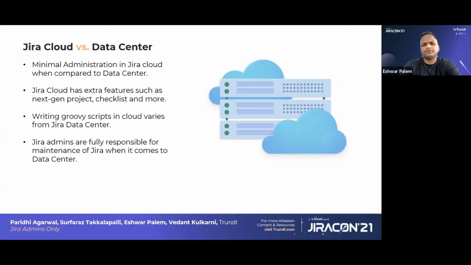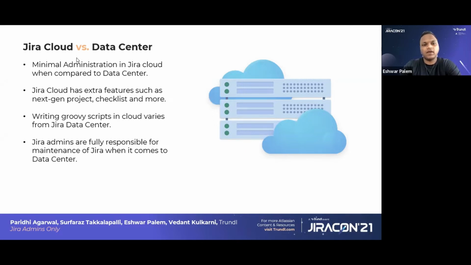Let's take the system configuration section, specifically the outgoing email, to set up SMTP. In Jira Cloud, SMTP is already configured with Atlassian, and we can go with the default one, whereas in Data Center or any other server version, we should set up our own SMTP server to do that.